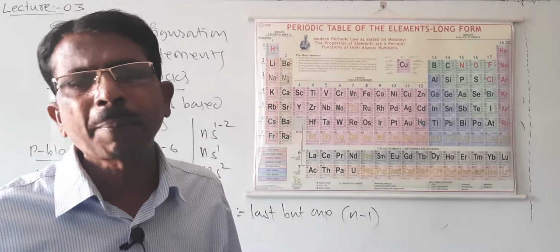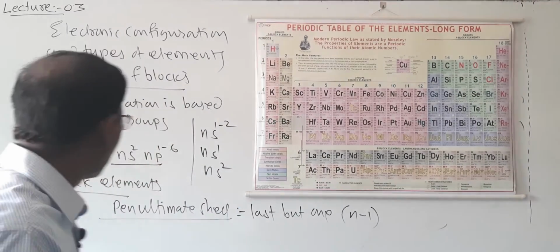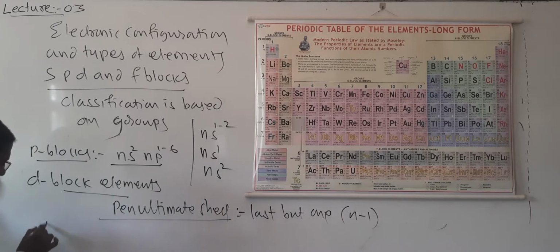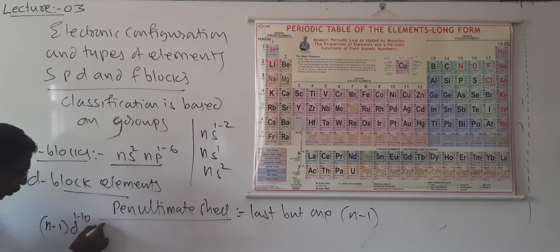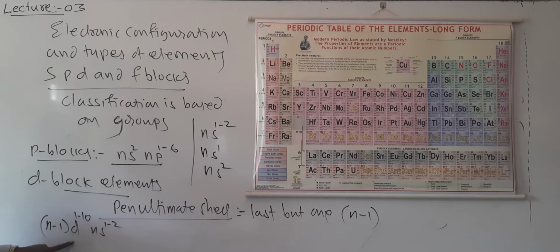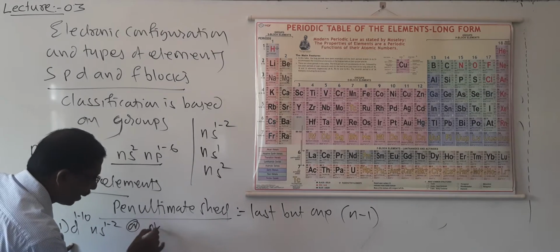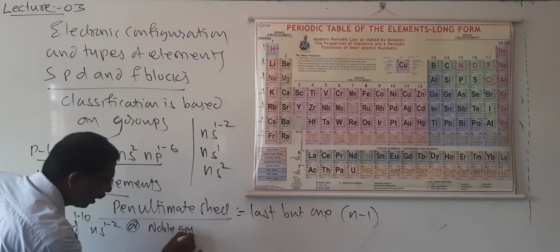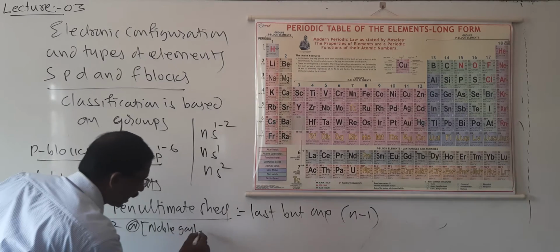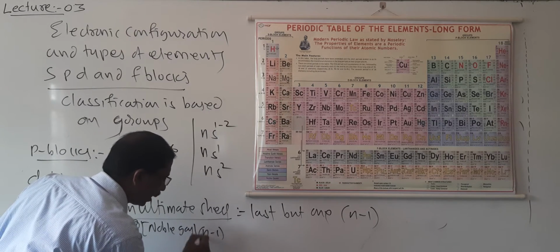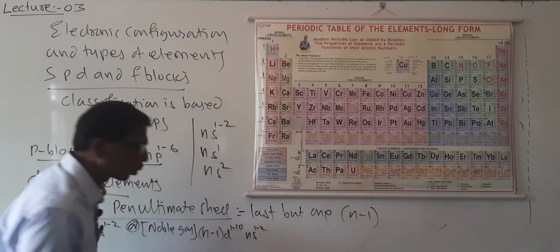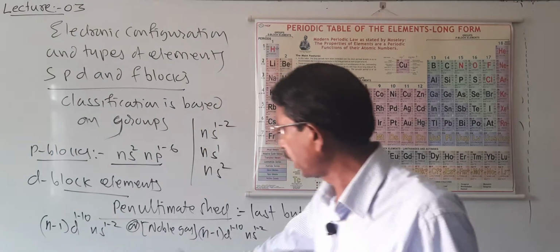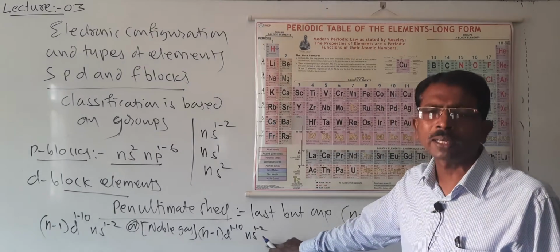These have the general electronic configuration (n-1)d1 to 10 ns1 to 2. Or it may also be written as [noble gas] (n-1)d1 to 10 ns1 to 2. So this is the general electronic configuration of the d block elements.